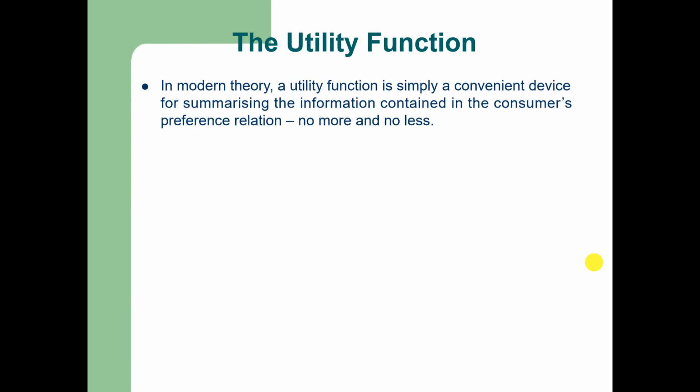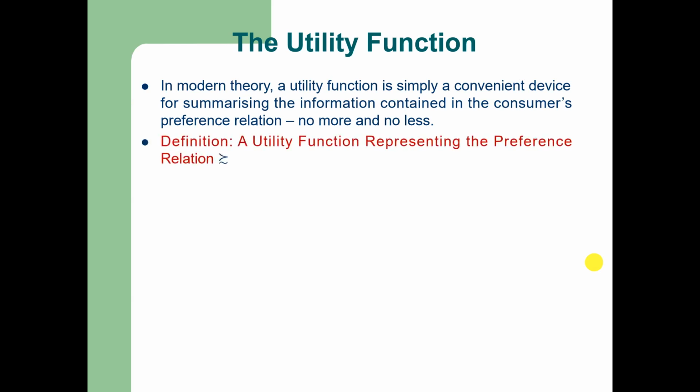In modern theory, the utility function is simply a convenient device for summarizing the information contained in the consumer's preference relation, no more and no less. The definition of the utility function is that a utility function representing the preference relation at least as good as any other set.